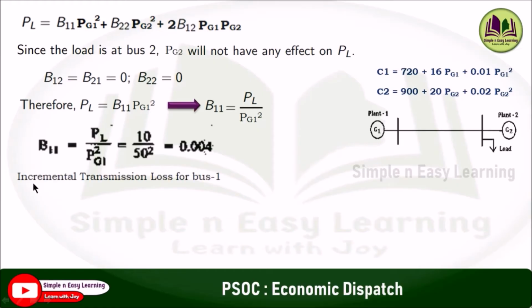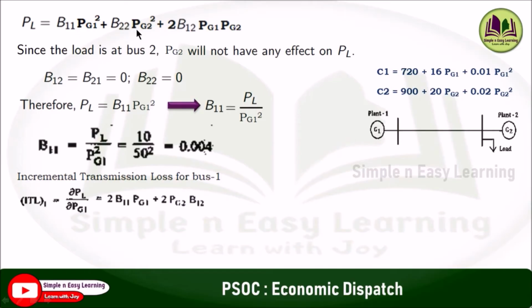Now we are going to find the incremental transmission loss for bus 1. For that we differentiate the PL equation with respect to PG1. That gives the incremental transmission loss ITL1, dou PL by dou PG1, equal to 2 into B11 PG1.